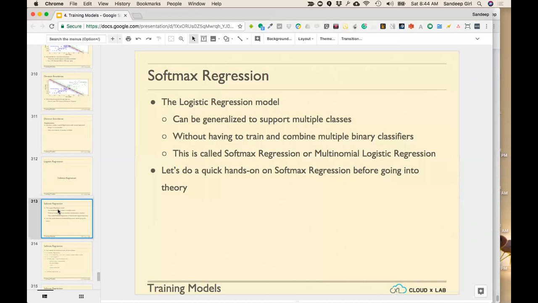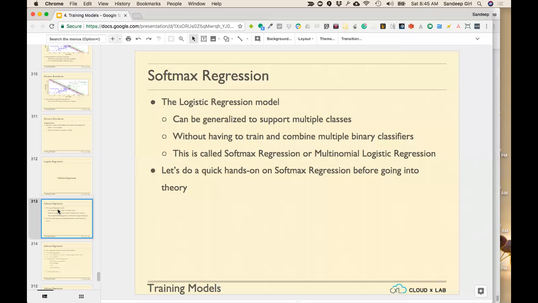There were two approaches we talked about: one versus one and one versus all. Remember? We create many classifiers, and there were two approaches to create them.